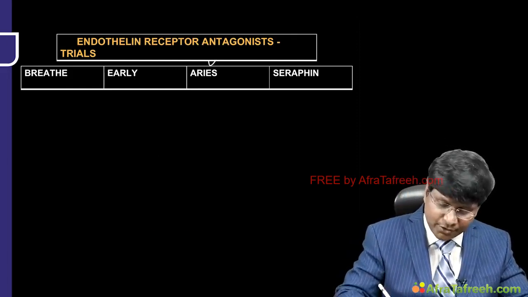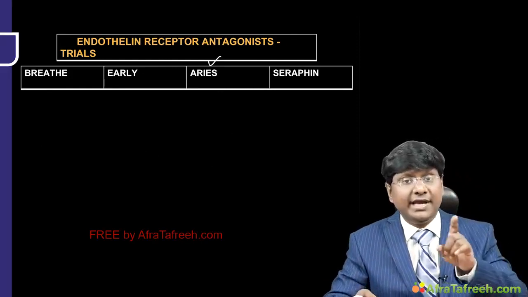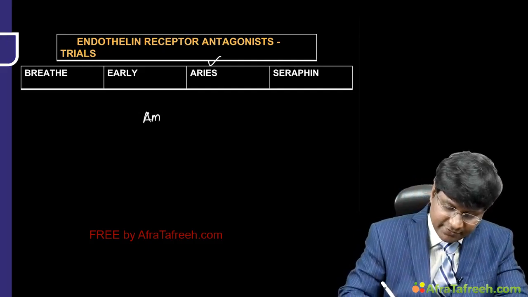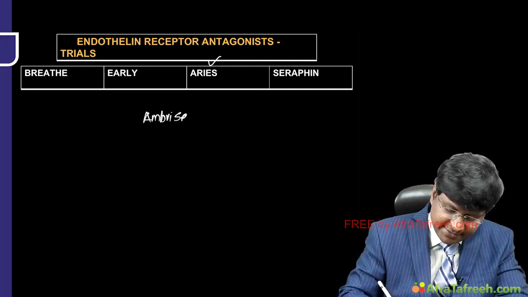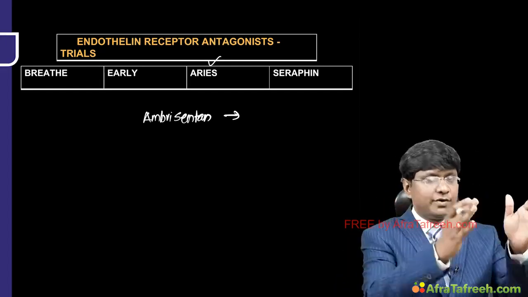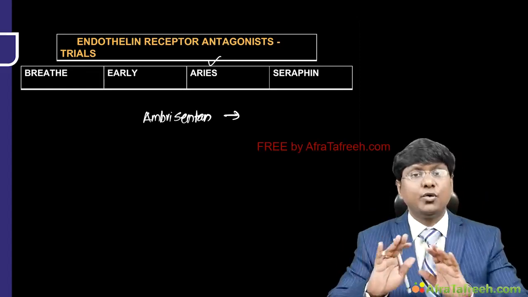Then next, coming to your ARIS trial. The ARIS trial was mainly for ambrisentan, compared by giving placebo to the other group of individuals. So a population was taken, for one group ambrisentan, the other group only placebo.